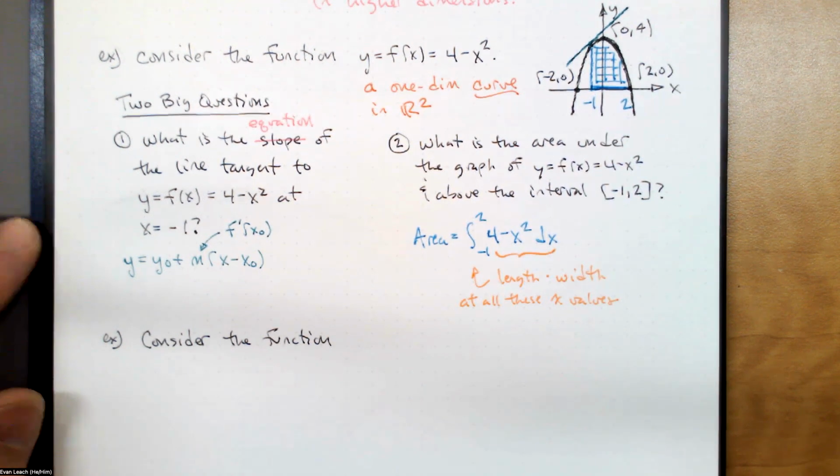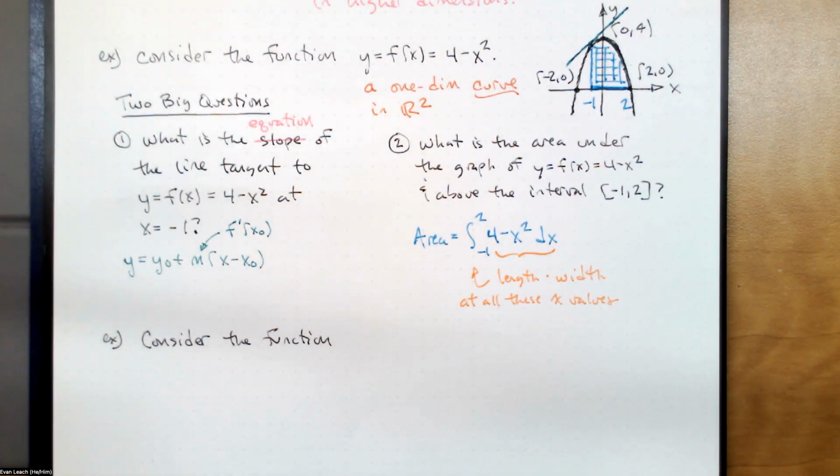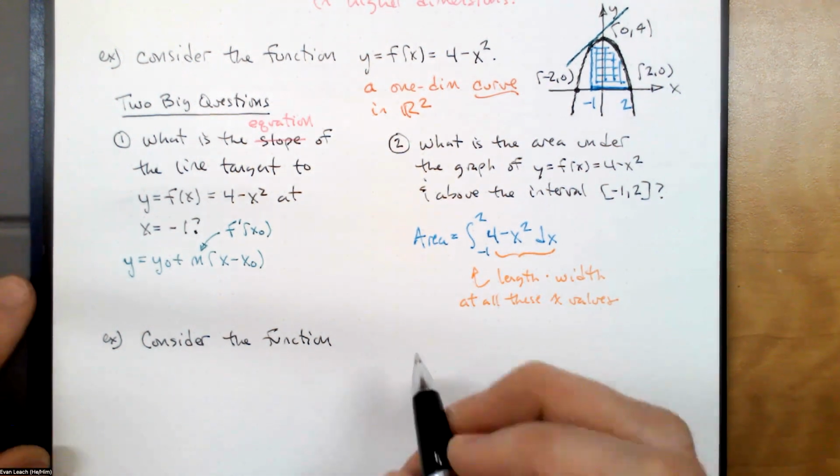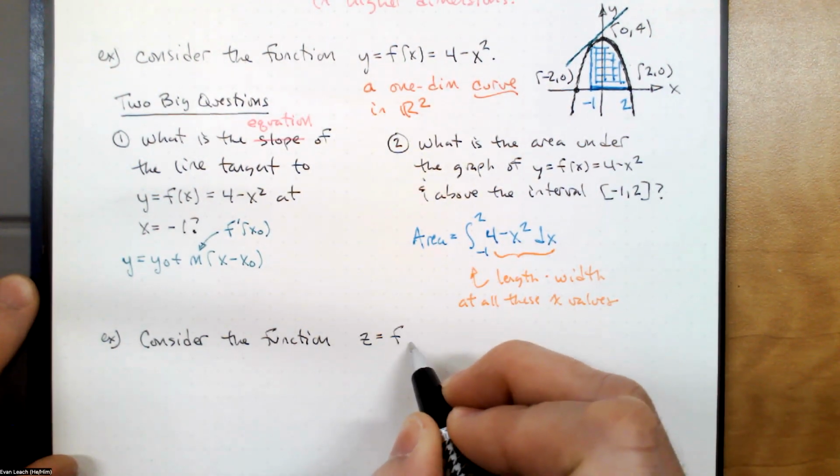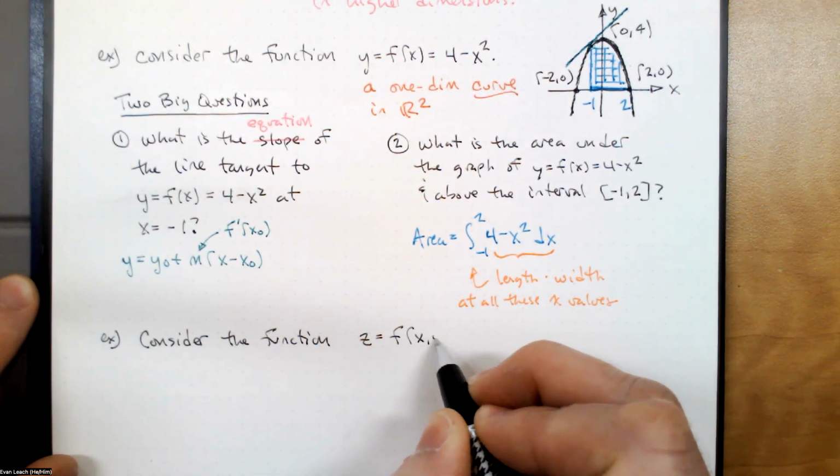We always start off with functions to make our life easy. If we require one variable to be a function of the other variables, that makes the structure easy. Each input will have exactly one output. Life is much better. But now we're going to be considering the function z, which will be a function of x and y.